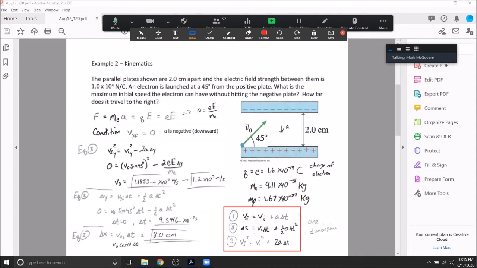So we're just focusing on y right now. My final velocity will be 0, because when you get up to that highest point, at least in y, your velocity is temporarily 0, and then you start to fall.